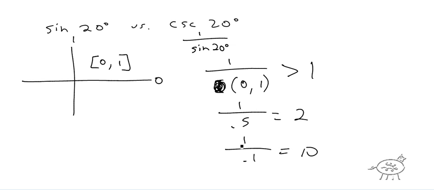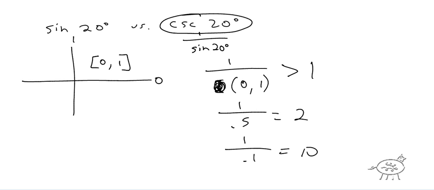So if that number on the bottom is smaller than 1, it's going to be a number bigger than 1. So cosecant of 20 is going to be bigger than sine of 20, because sine is always a decimal between 0 and 1, and 1 over a decimal is a number bigger than 1. That's why you've got to think a little bit outside the box.